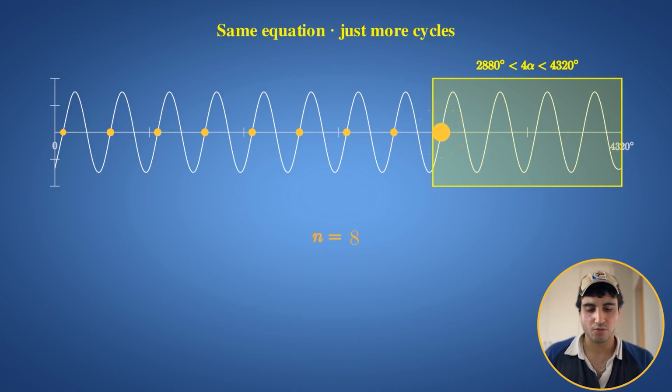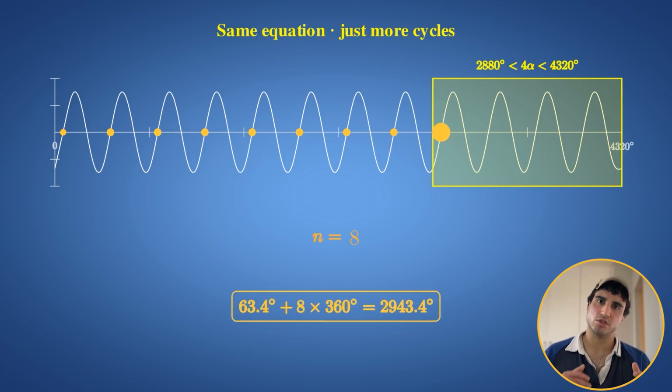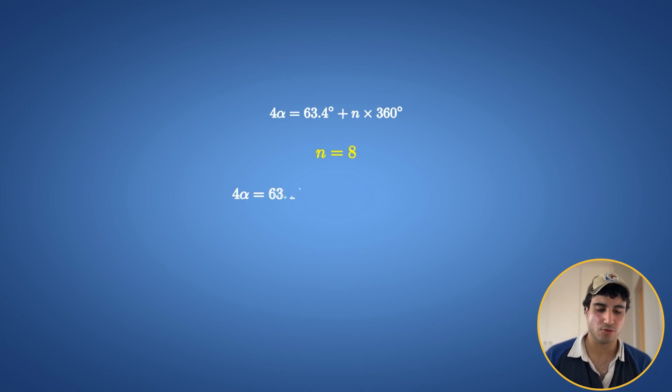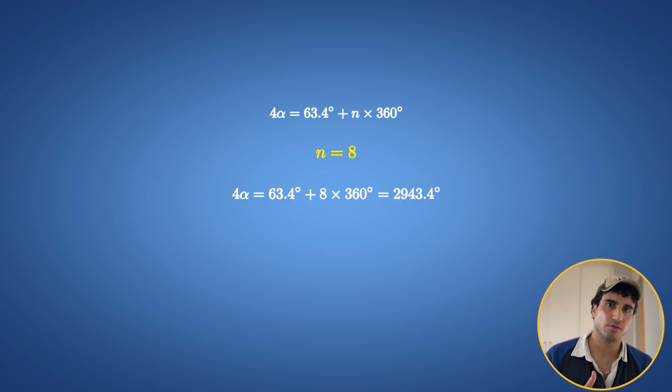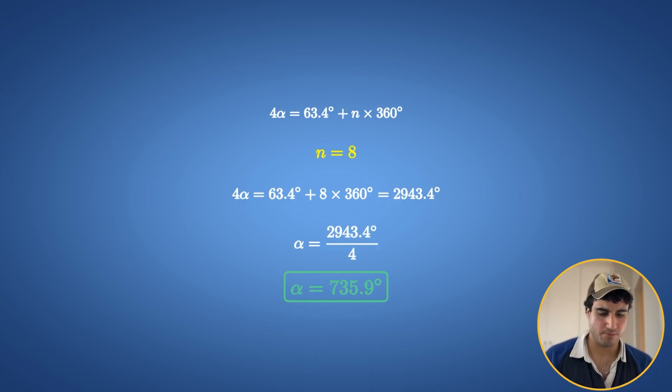So 63.4 plus 8 times 360 gives us 2,943.4 degrees. But we're not done yet, because 4 alpha is equal to 2,943.4 degrees. So alpha, and therefore our answer, is going to be 735.9.